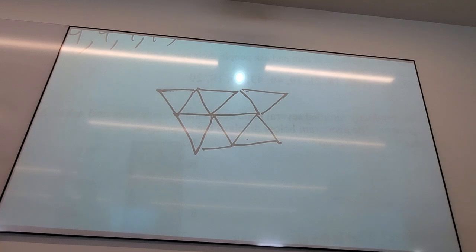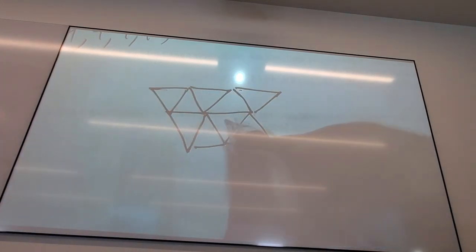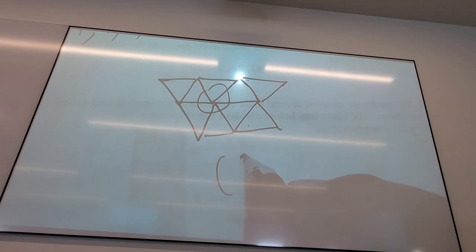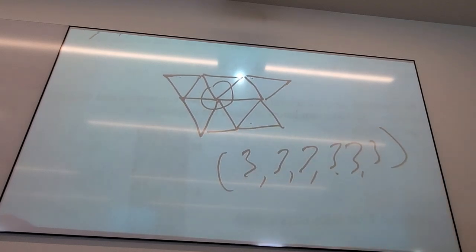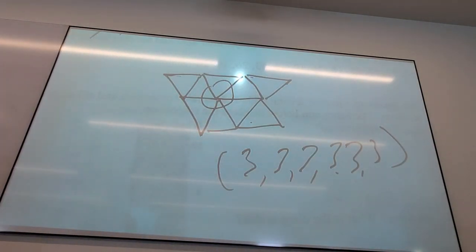How many polygons come together at that point? Six. So we would call this a 3-3-3-3-3-3 tessellation. Don't ask me why they did that. Could they have called it 3 to the 6? Yes, but this is what it is.